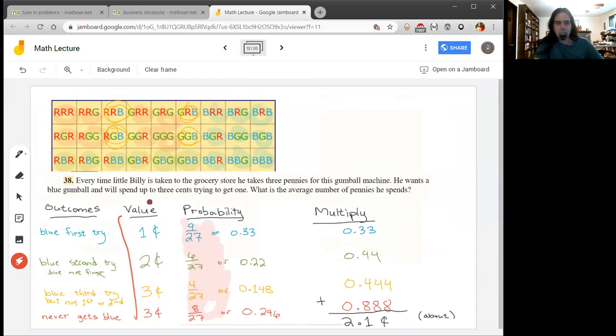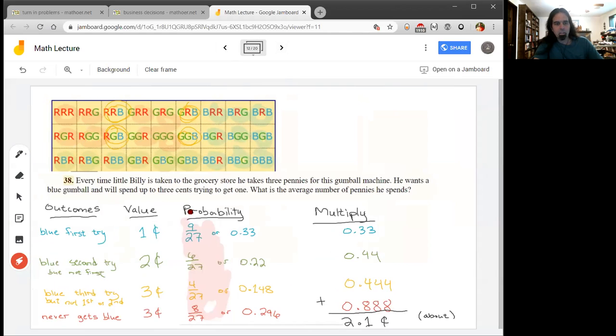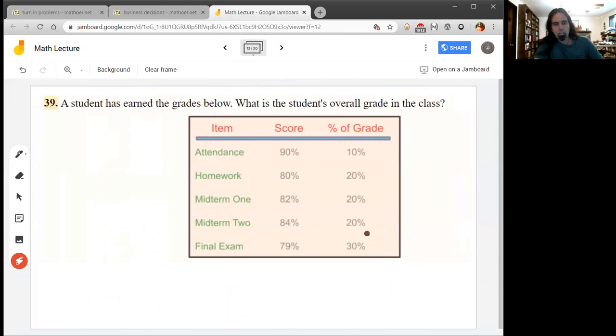Then we have a number that goes with each thing. And in this situation, the number is what you scored in each category. But these aren't equally weighted. Just like Billy got the blue on his first try more often than the other outcomes, your grade is mostly your final, less based on midterms and homework, and very least on attendance.